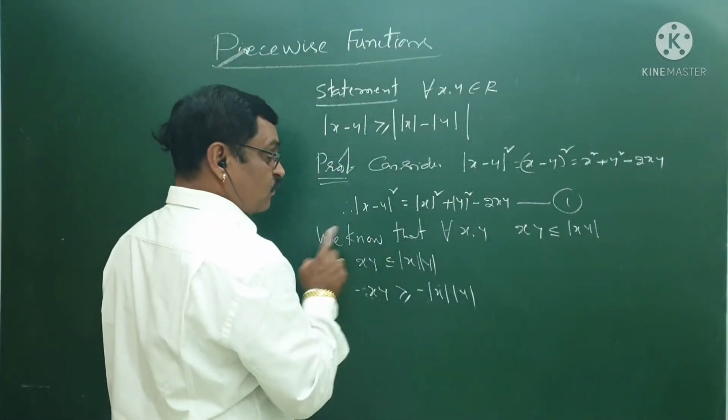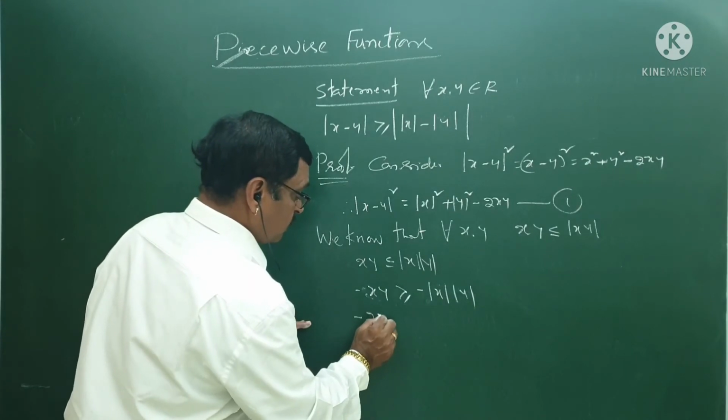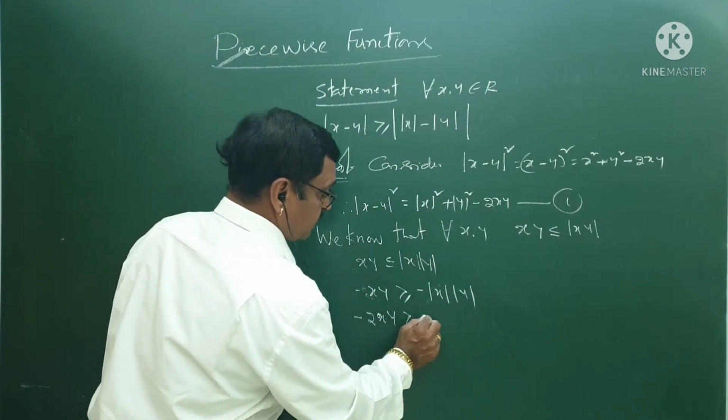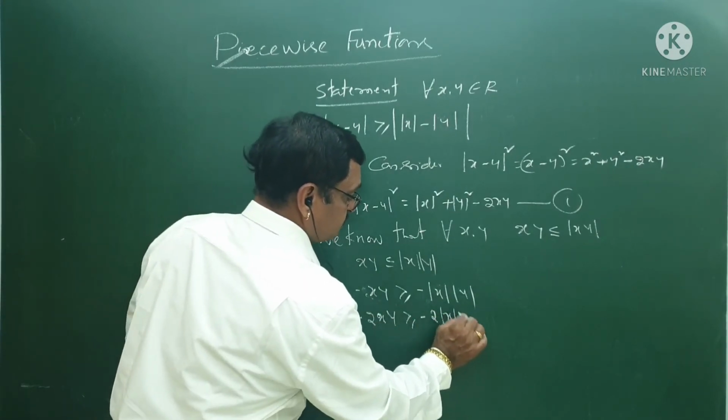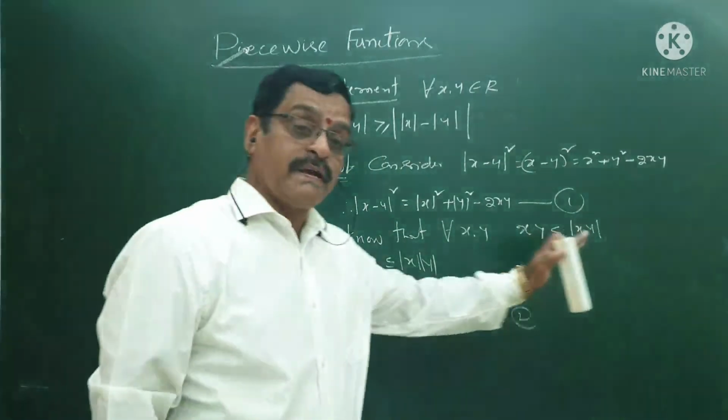When I multiply both sides by a negative sign, the inequality will change. Or 2xy is more than or equal to 2 times mod x mod y. Number 2. Now I am going to use 2 in 1.